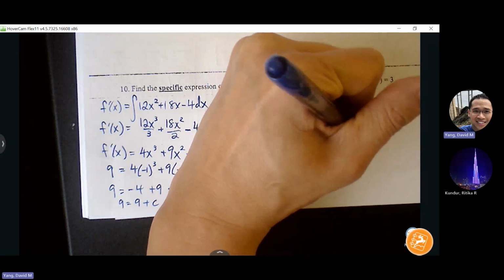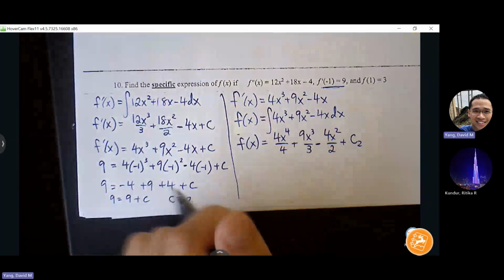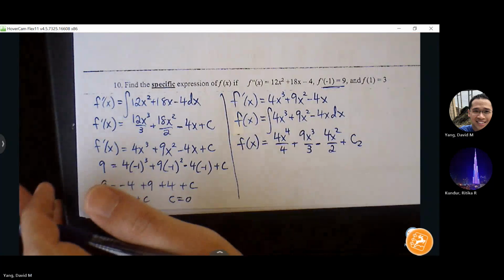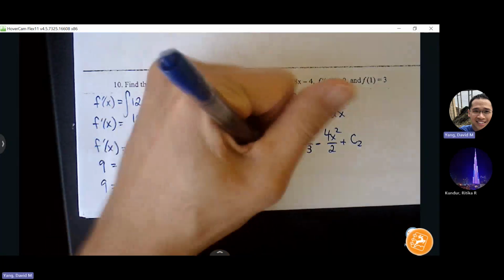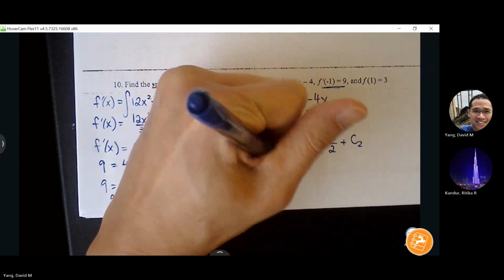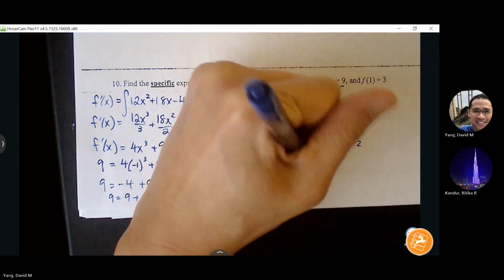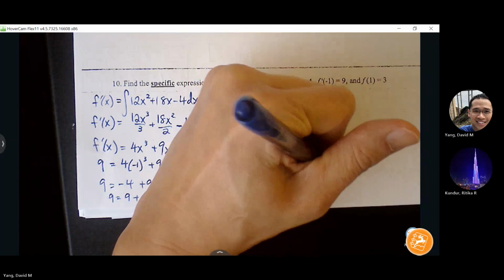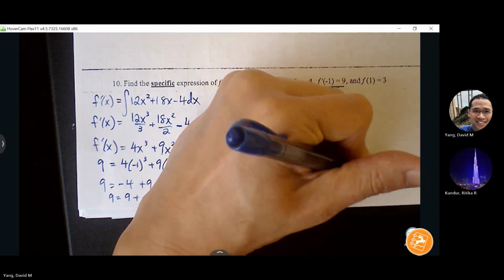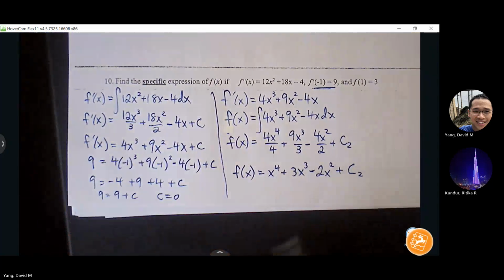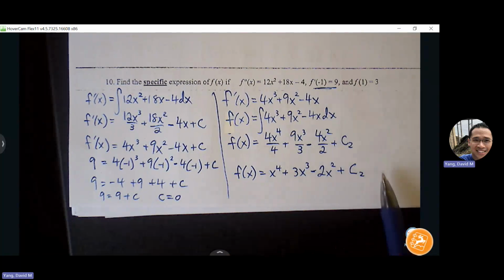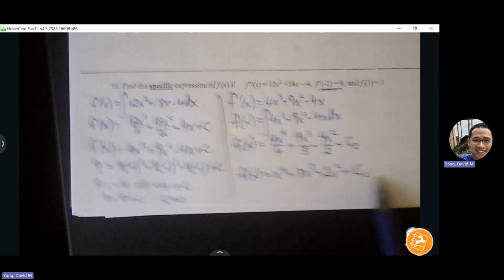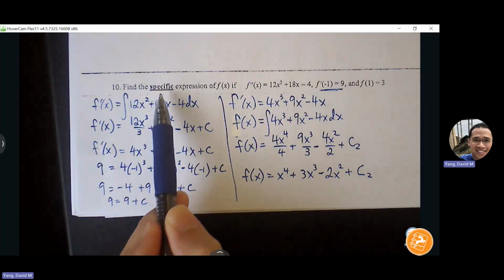Plus c sub 2 or plus k. Do some cleanup before I plug in my ordered pair there. Okay, plug 1 in for x, 3 in for y, solve for c sub 2, and then I can produce my specific expression.